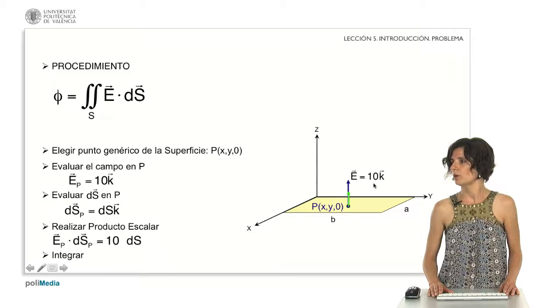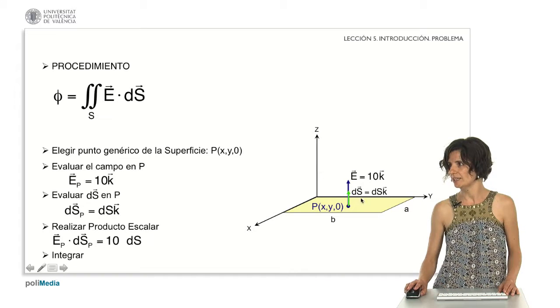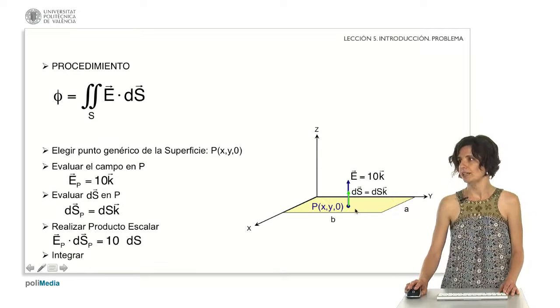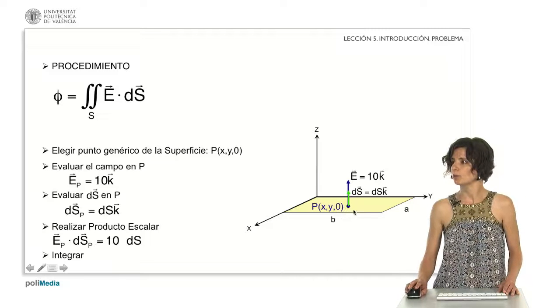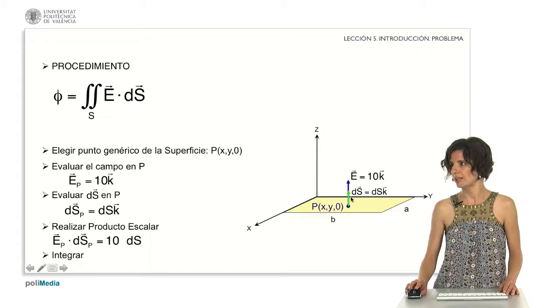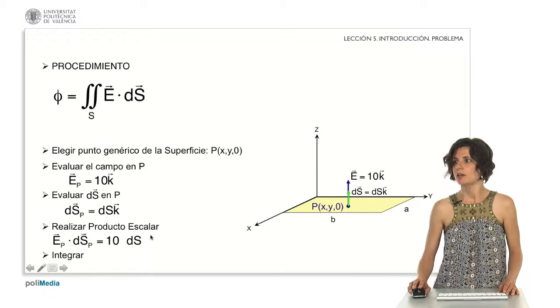Then we calculate the differential of S also at this point. It is equal to the differential modulus of S times the unit vector k, since it has to be a vector perpendicular to the surface. Therefore, we see that we have 2 vectors, E and differential of S, that are parallel to each other. By performing the scalar product, therefore, we have the product of their modulus.